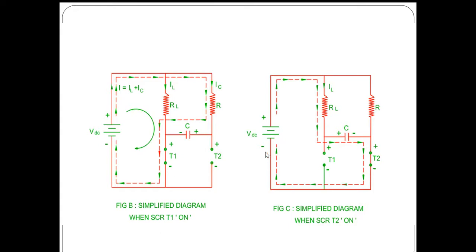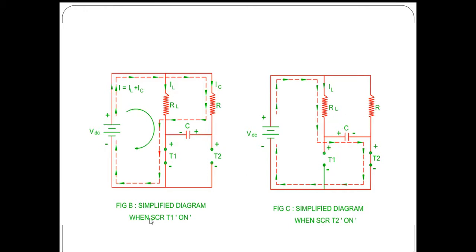When current is flowing in this closed path, the capacitor is already fully charged. So this capacitor voltage will appear in reverse direction to the existing thyristor T1. So here minus will appear, and plus will appear across thyristor T1, then the thyristor will be turned off. So this is the circuit when T2 is turned on and the capacitor is fully charged.